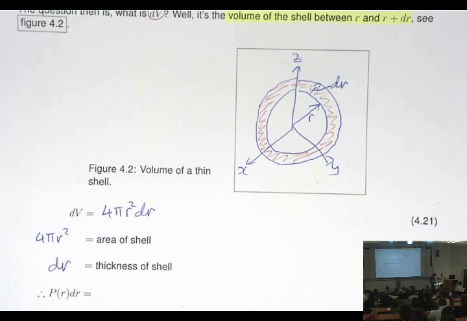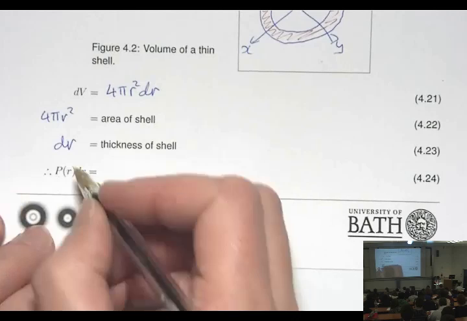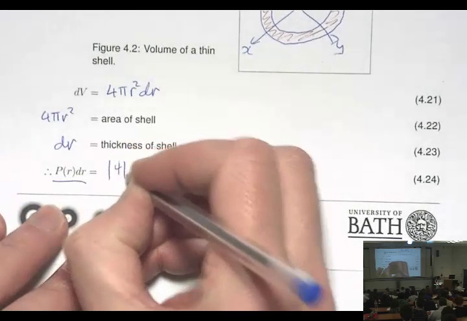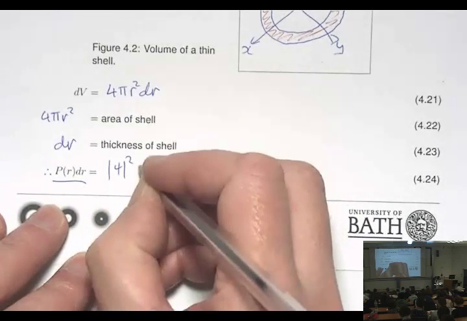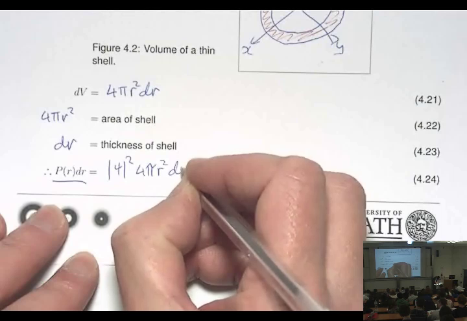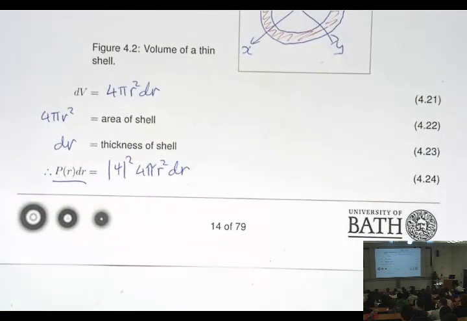So we multiply these two together, and the radial probability distribution, P of r dr, is my wave function squared times the volume 4 pi r squared dr. That really reflects the probability of finding an electron at some distance r.